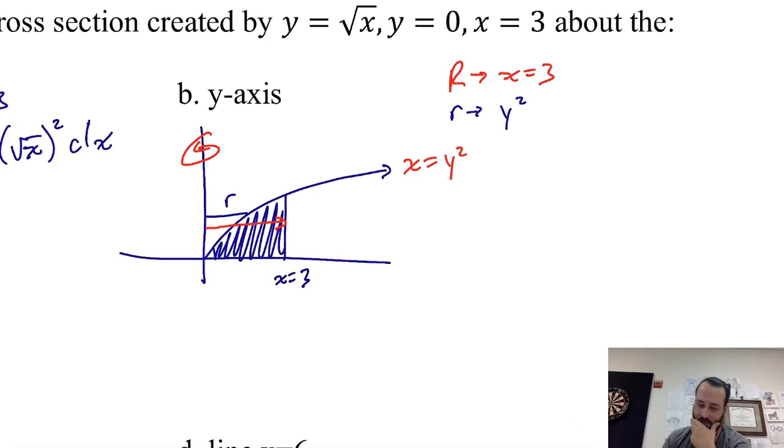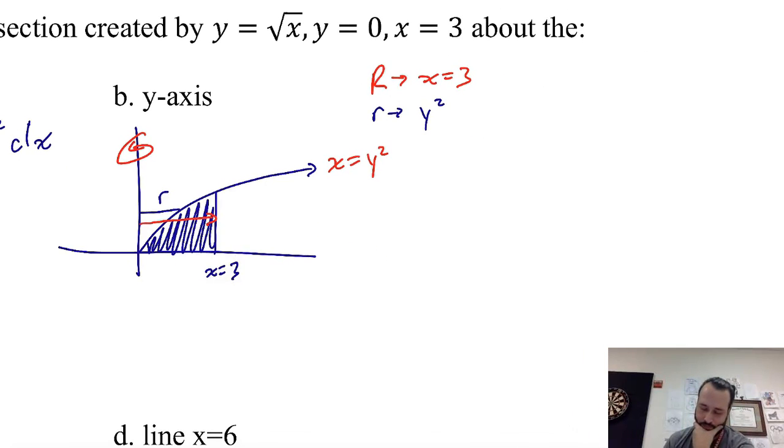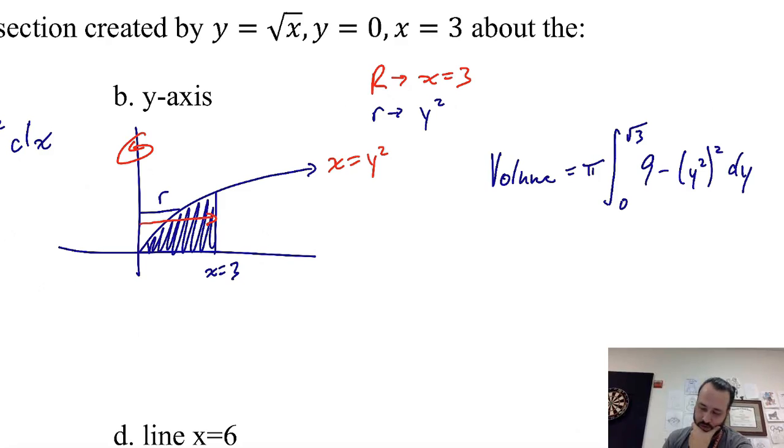So with this, I would have the integral, so pi from 0 to, let's see, if x is 3, then y would be root 3, of big radius squared, so this would be 9 minus y squared squared, all in terms of y.